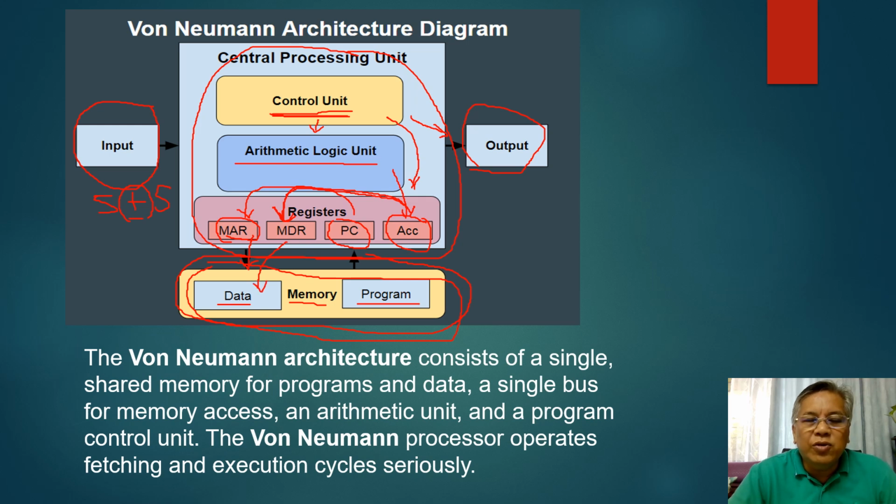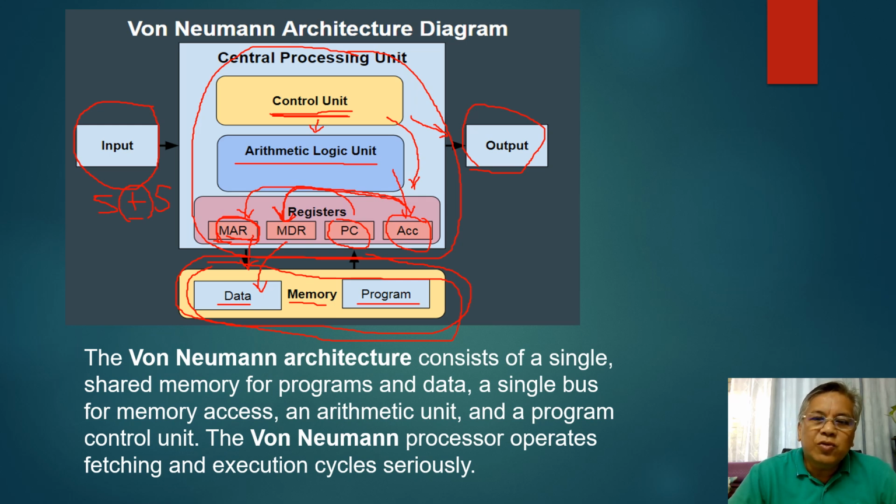Unsa maasa man siya musulod sa imong memory? Under sa data, what particular address? What particular register? Register R sub 0, which is being addressed by your memory address register. So, na-open na itong register R sub 0. The data from your MDR will now be transmitted or stored into your register R sub 0. The content now of your R sub 0 is the result of your arithmetic logic unit operation.